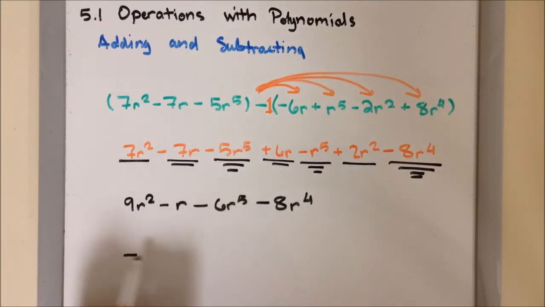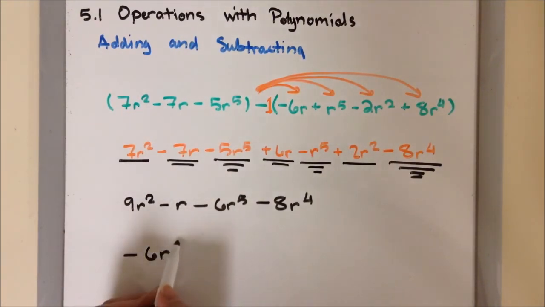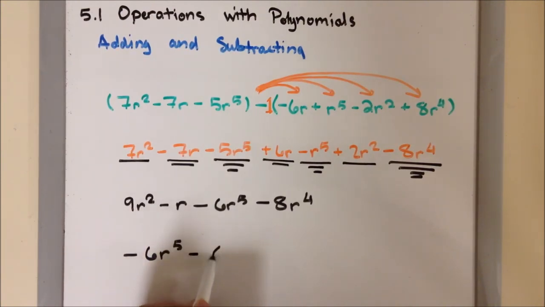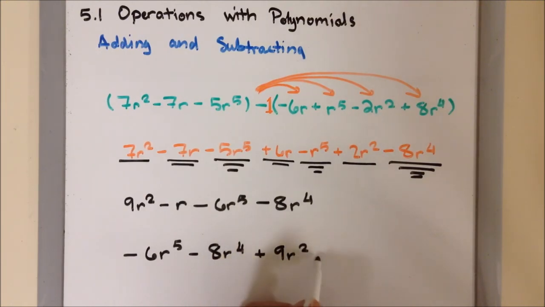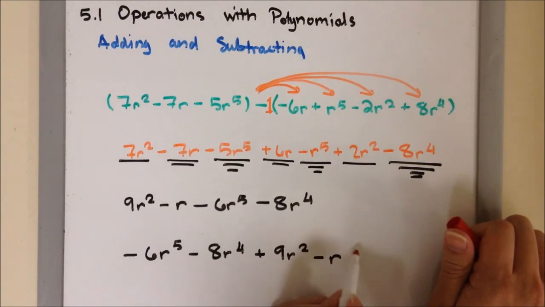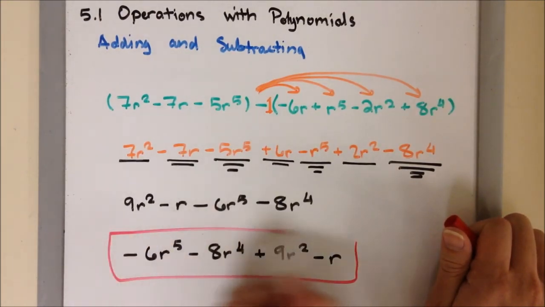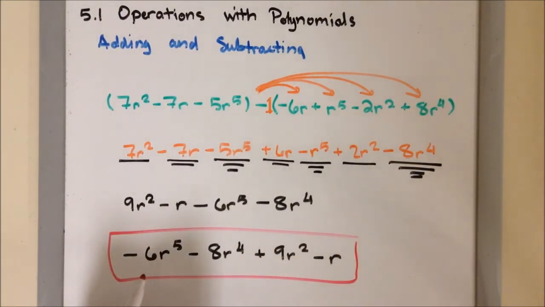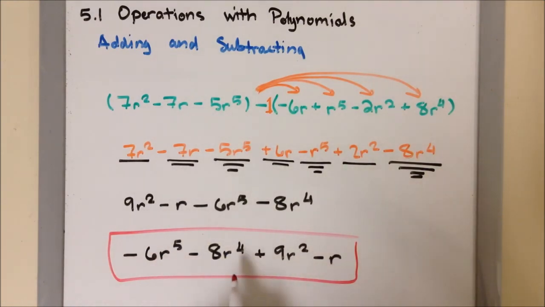So negative 6r to the 5th minus 8r to the 4th plus 9r squared, and then minus r. So I finished putting the terms in order. Time to box up our final answer, which is negative 6r to the 5th minus 8r to the 4th plus 9r squared minus r.